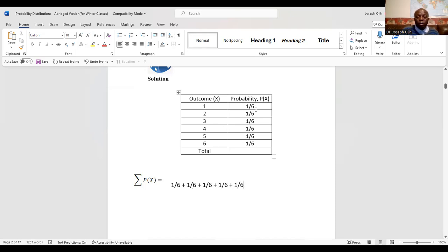How many do we have here? We have 1, 2, 3, 4, 5. So we have one more. Plus 1/6 will be equal to 6/6, which give us 1. That means the total here will be 1.0. See? That's what it's saying.